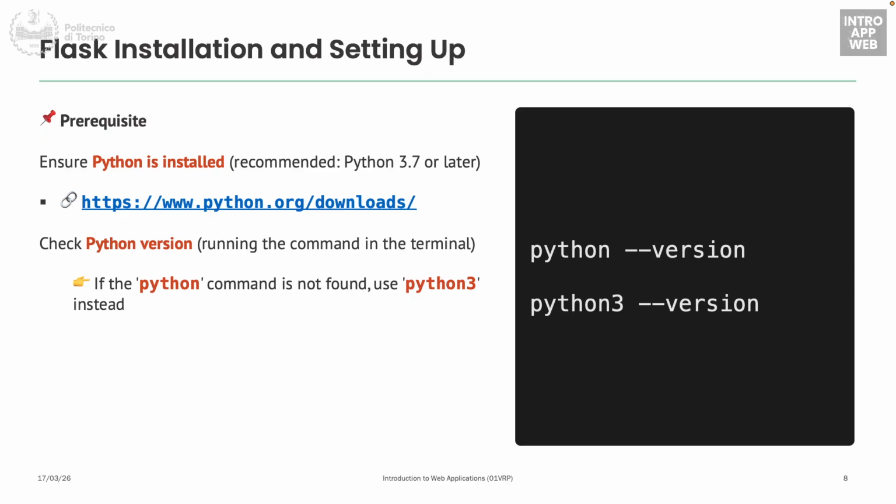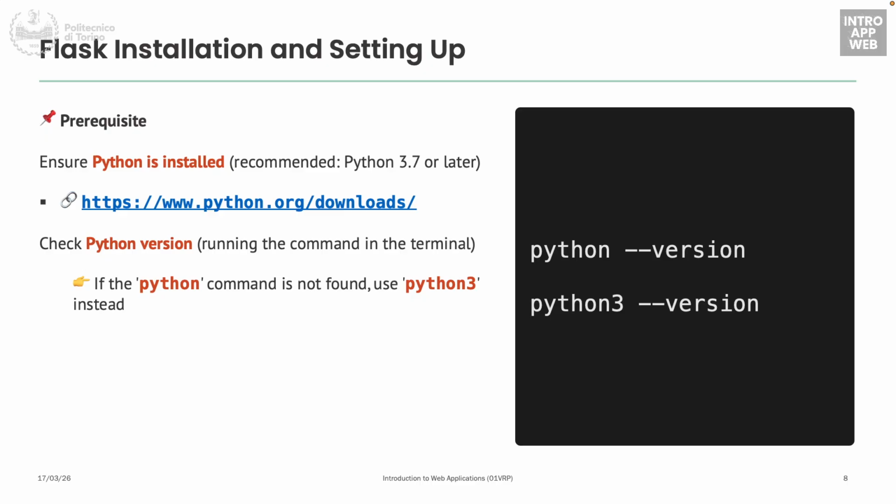Okay, so let's start to set up the environment to work with Flask. First of all, you should check in your computer that you have Python installed. I suppose everyone has Python. Anyway, if you want to check, this is the command.